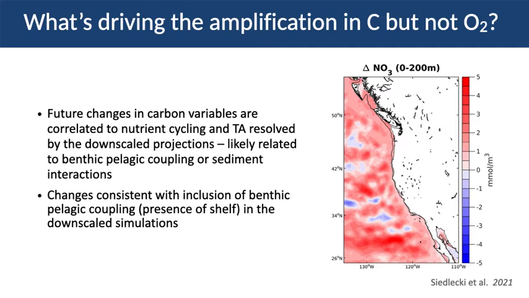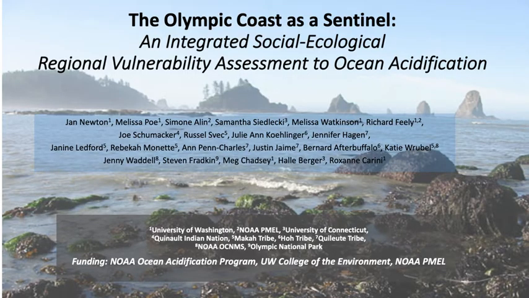That's likely related to benthic-pelagic coupling that's present because of a better resolved shelf in these higher resolution simulations, or the sediment interactions that are also happening closer to the surface and influence the water column more in the region. So it's basically the presence of a better resolved shelf in the downscaled simulations that seems to be contributing to that modification.